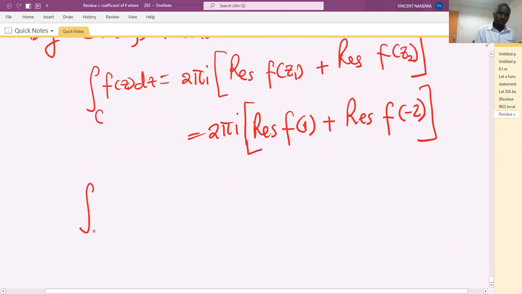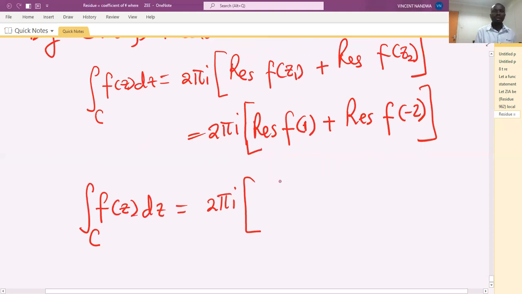So as per our calculations, the residue at 1 is 5 over 9, and for this other one we have gotten the answer to be 4 over 9.